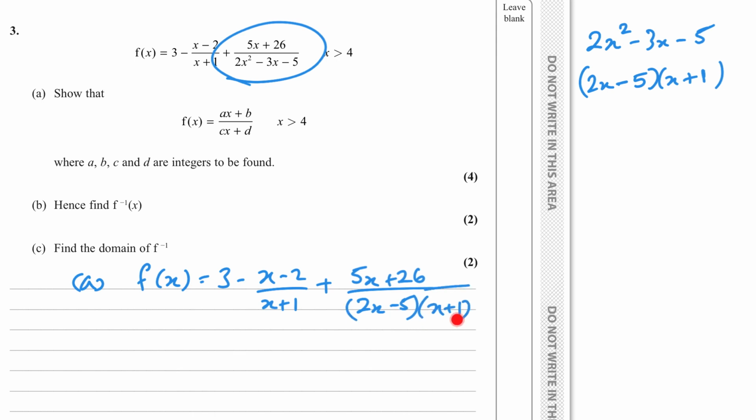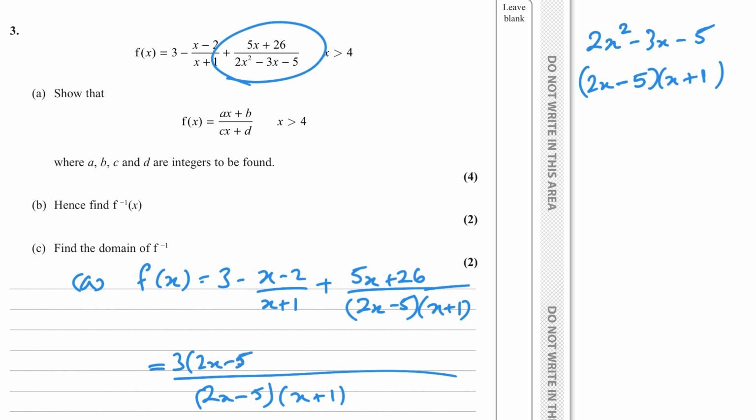And I could have guessed at the x plus 1 because we got it here, and often we get something that is nice and easy to deal with like that. Now it's a matter of putting them all over 2x minus 5 and x plus 1. So that will be 3 times both brackets.